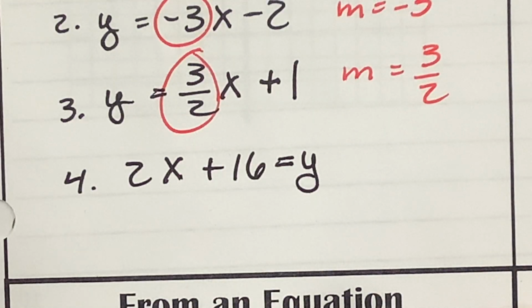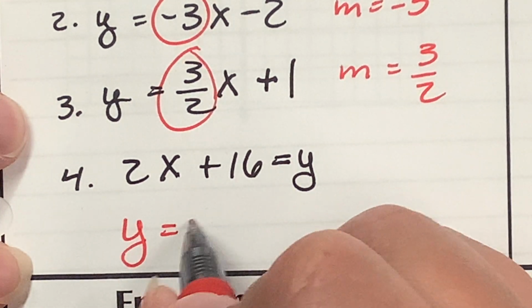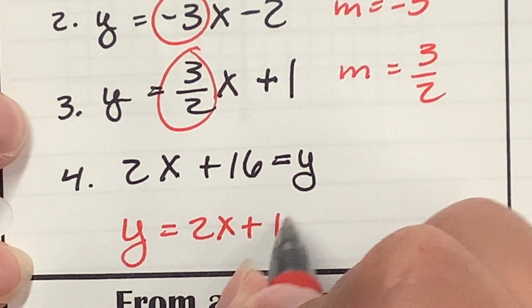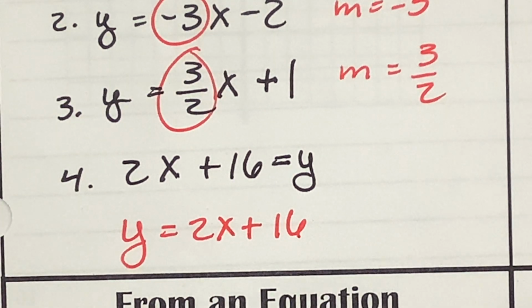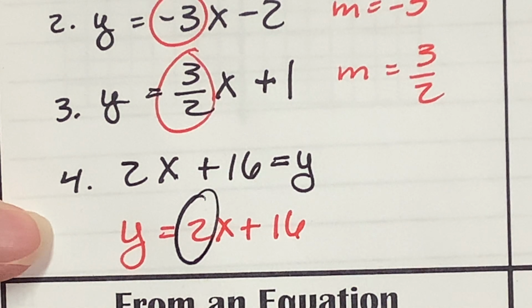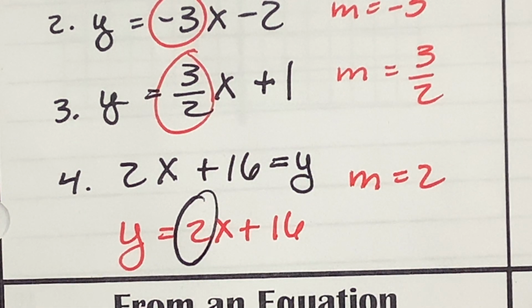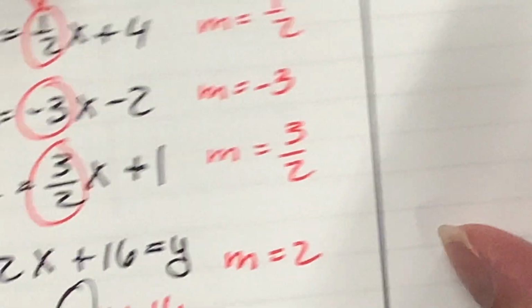So I have to get it in the right order first. y equals 2x plus 16. I just had to turn it around. And now, voila, m equals 2. Not so bad. You can do this. It's not that bad. All right, so next, from 2 points.